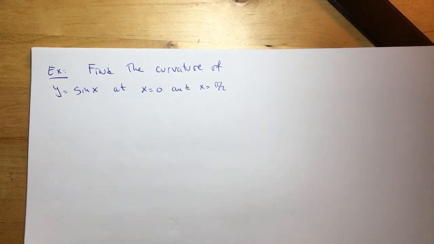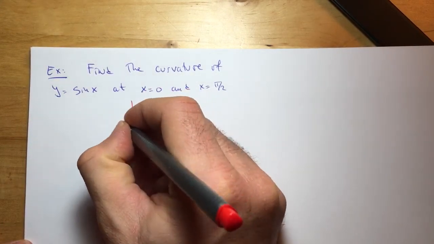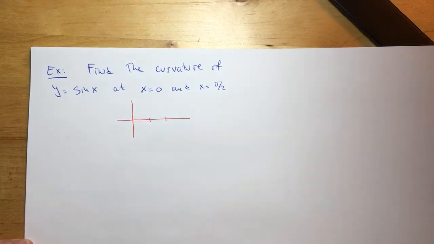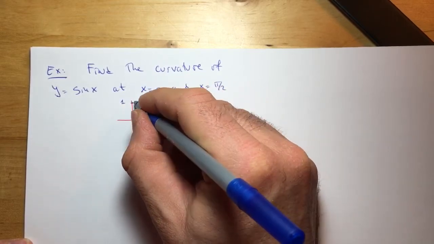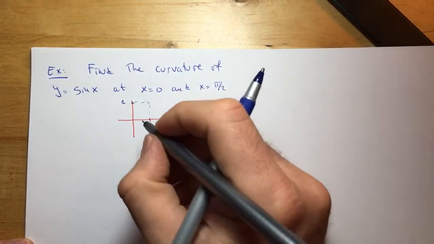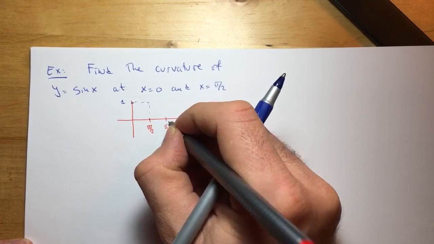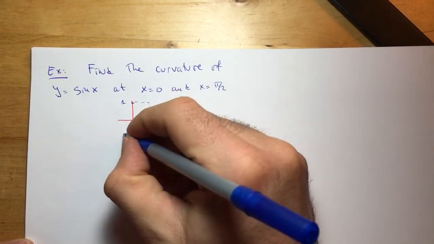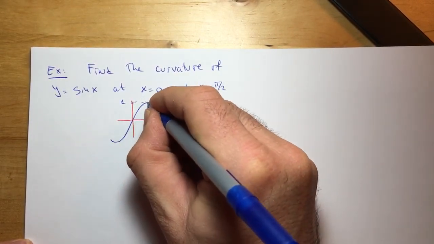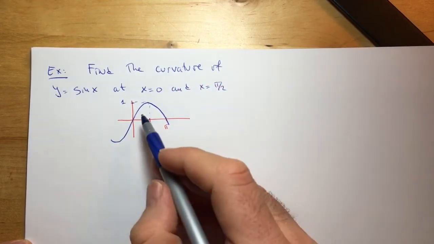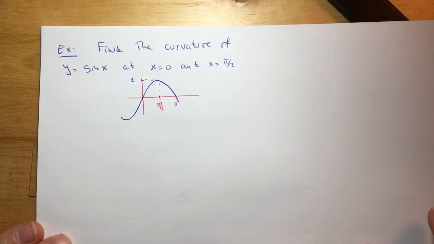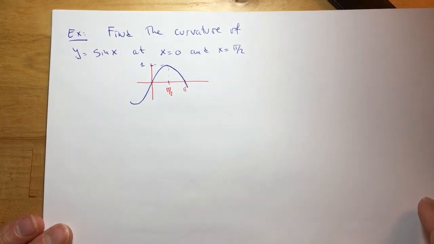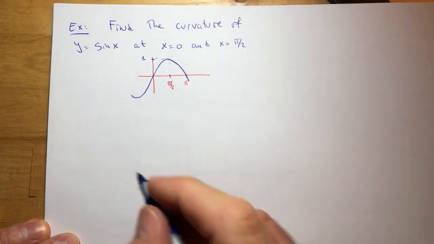Okay, well, in a way we know what to expect, right? Because we know what is the graph of sine of x. That's pi over 2. That's pi. So we expect that the curvature at pi over 2 is going to be much bigger than the curvature at 0. So let's just make sure that that's the case.